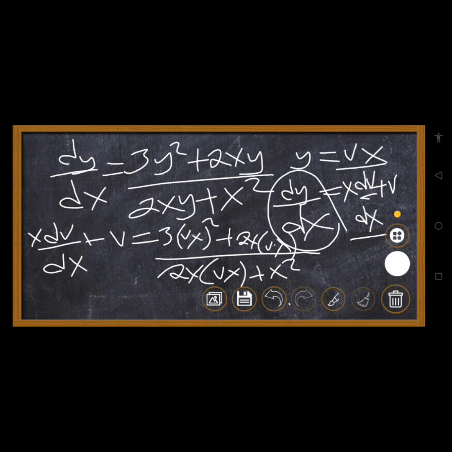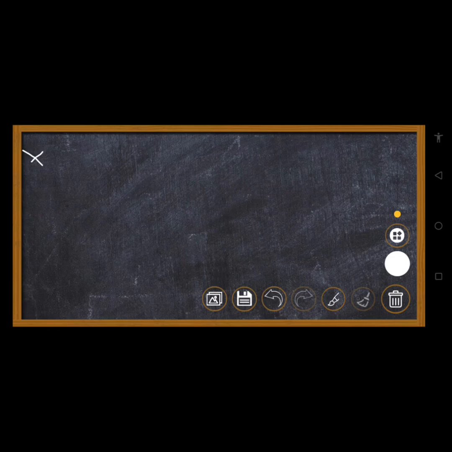Remember on the left side we have x dv over dx plus v equals to, so in this case let's simplify. We have vx squared, which is the same as v squared x squared, plus 2x times xv, so x multiplied by x is x squared.